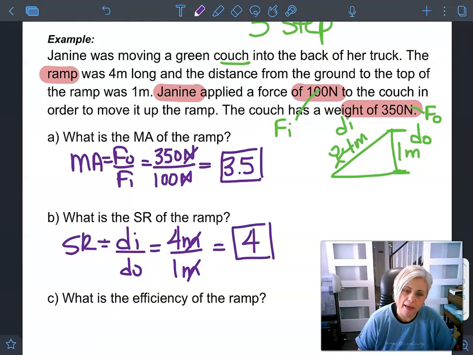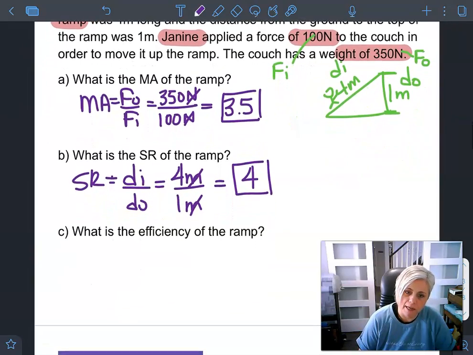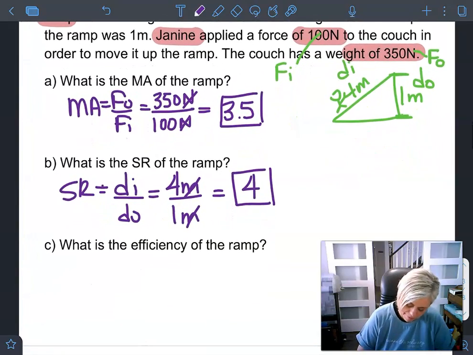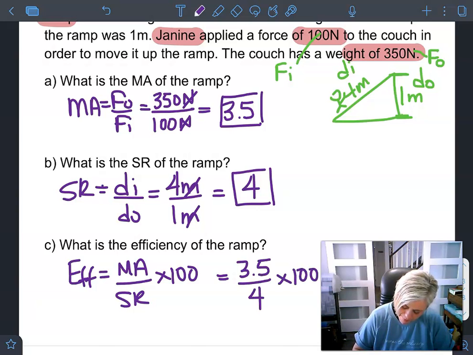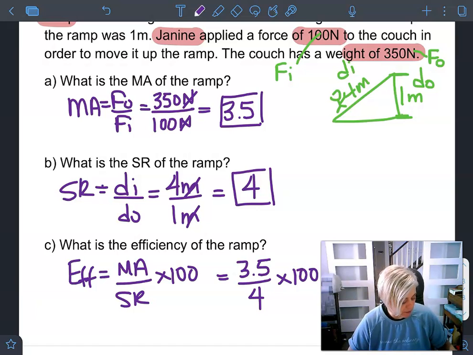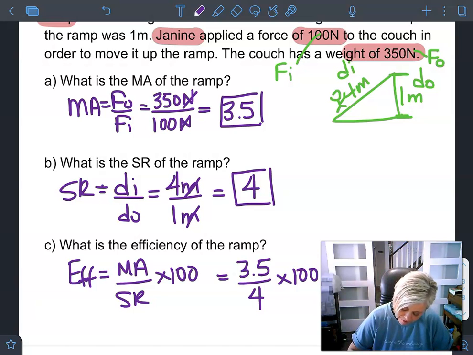So we've got our MA, we've got our speed ratio, and now we can calculate efficiency. Efficiency is going to take the mechanical advantage and divide it by speed ratio and multiply by 100. So we'll go 3.5 divided by 4, multiplied by 100, which gives us 87.5.